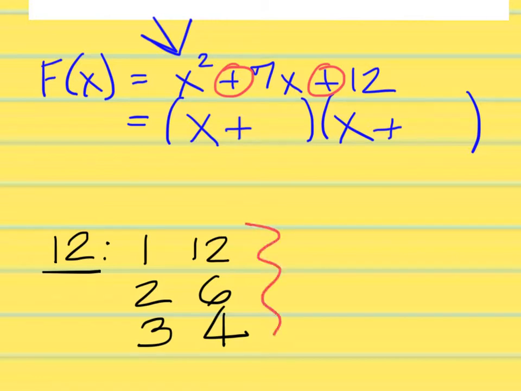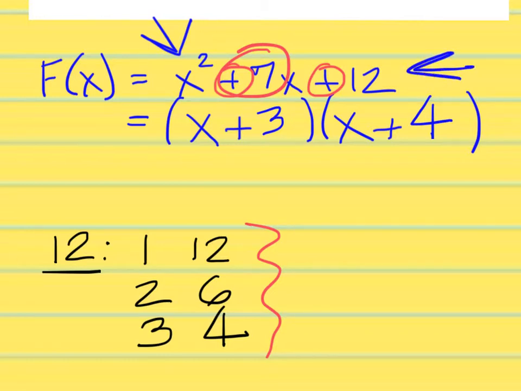Once you get the pairs generated, you have to pick the pair that will add to give you this number. What pair of numbers will add to give you 7? 3 and 4. So you have 3 and 4. Now you have the two quantities that you need in order to multiply out to get back to this.